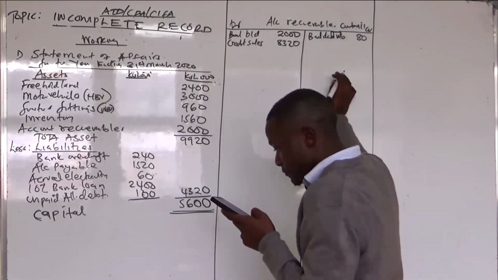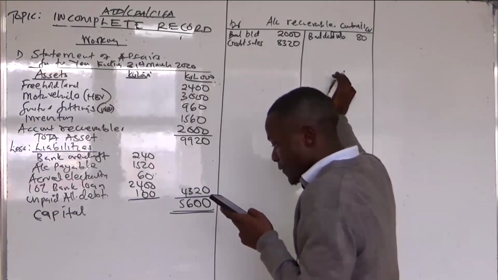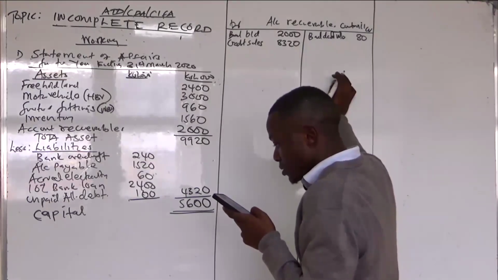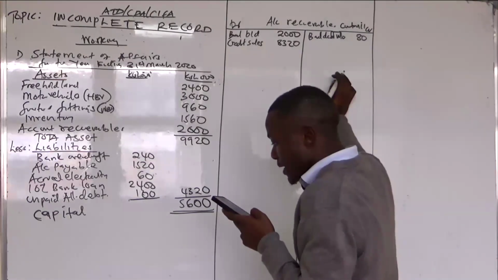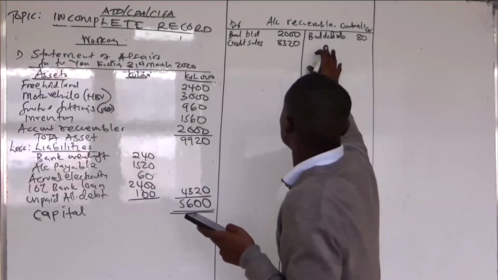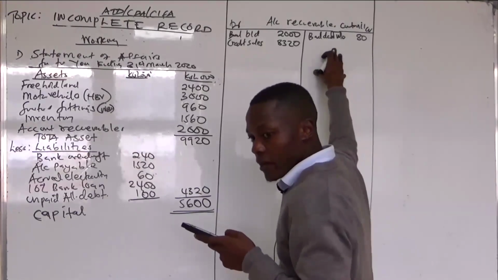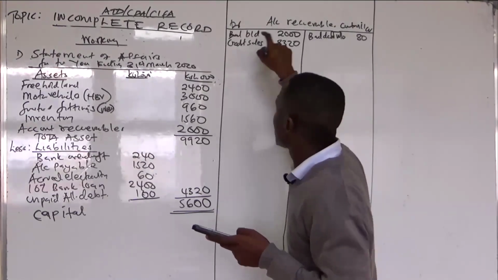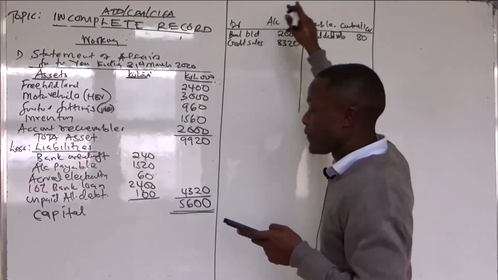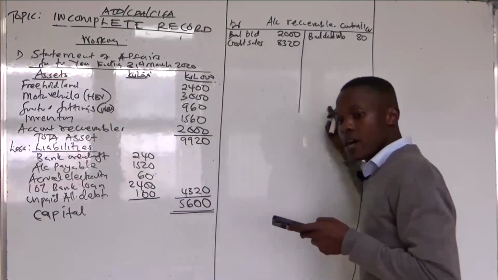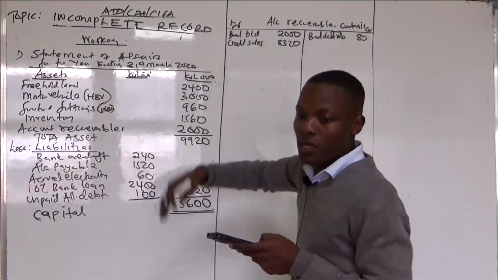Then there is 5% of the outstanding what? Accounts receivable. But we do not have that accounts receivable at the end. So the allowance for doubtful debt, as I said, does not affect here. Now that means that 5% is the balance carried down. We will put that 5% on carry down. We get the allowance for doubtful debt at the end of the year.